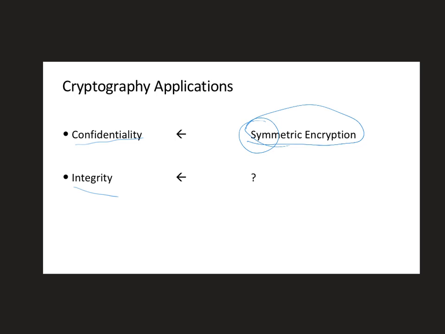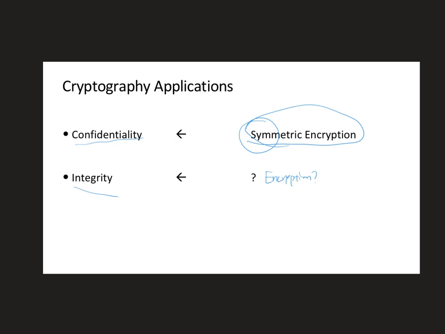But for the second security objective, integrity, can encryption provide integrity? The answer is no. Encryption alone cannot provide integrity.